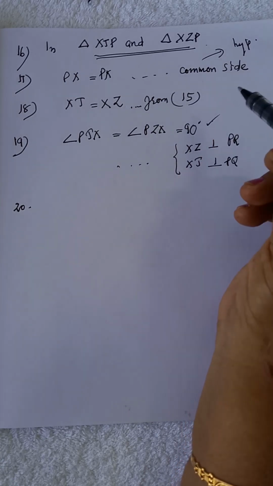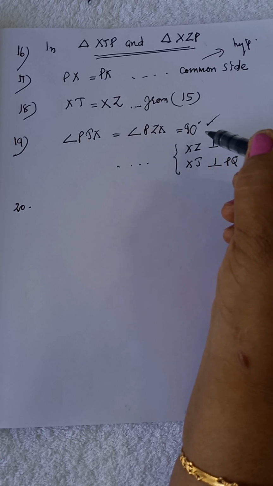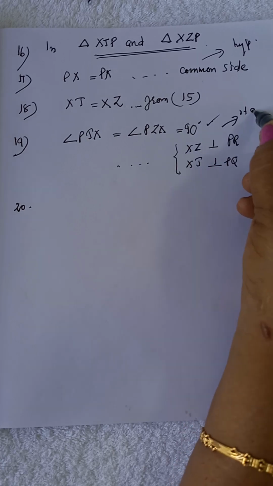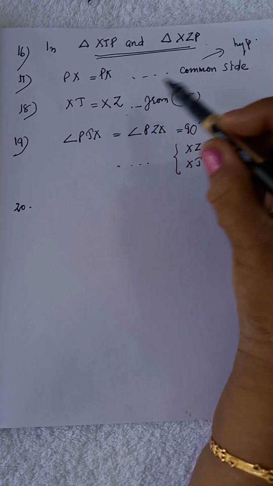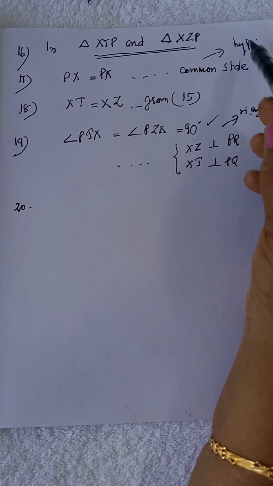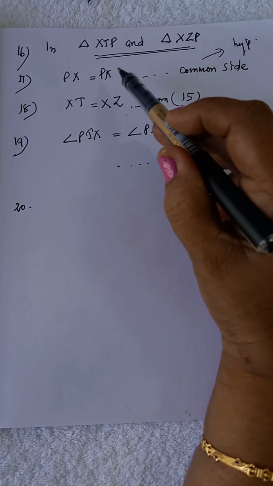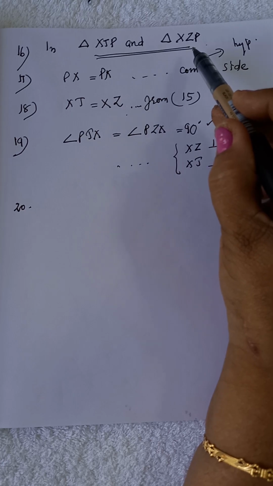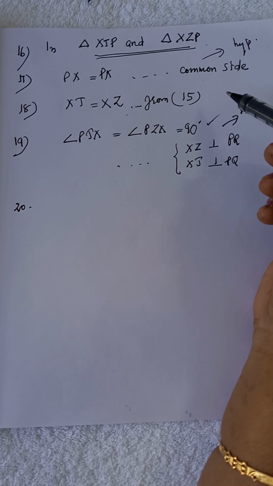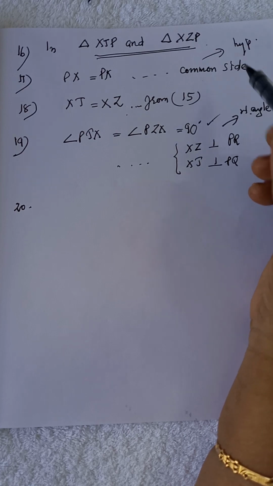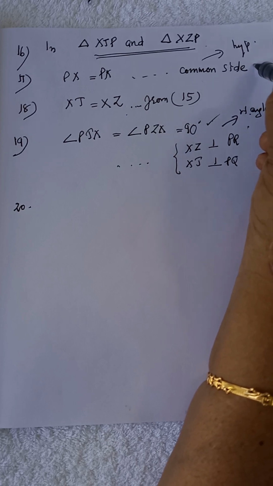Angle PTX is equal to angle PZX, that is equal to 90 degree, means this is a right angle. So we got one side, then hypotenuse and right angle. So these two triangles, triangle XTP and triangle XZP, are congruent to each other by what? By this is a right angle, then this is hypotenuse, this is one side.